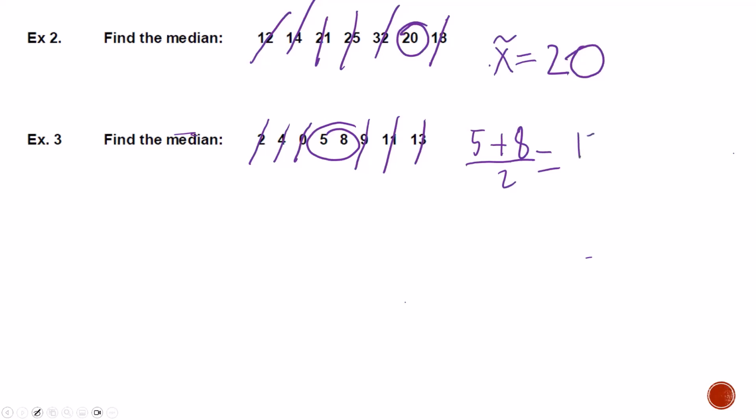So that gets me 13, which of course is 6.5, or let's use decimals here, 6.5, right? I think you've probably seen a lot of this before, right? So that's just a procedure.